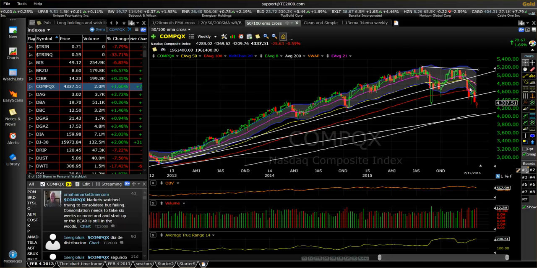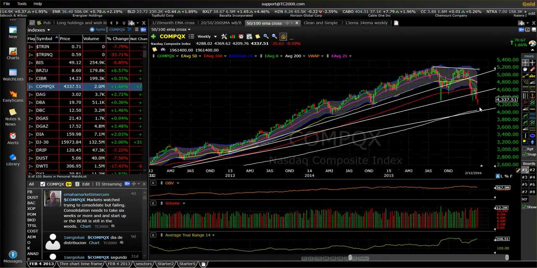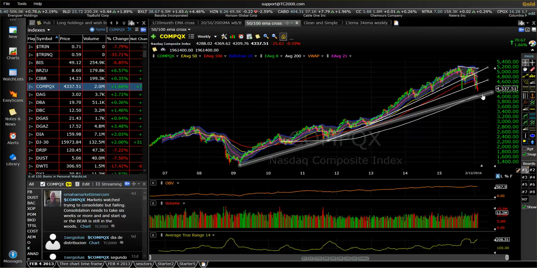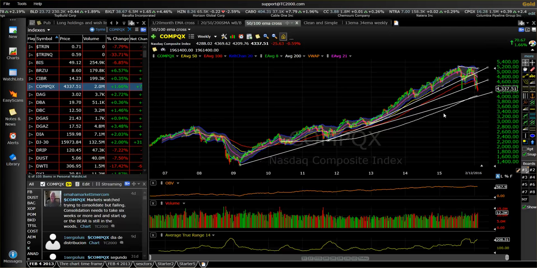Eventually breaking through this trend line, piercing this one, reclaiming it, and now we've broken through again. On our way to approaching this gradual trend line here.